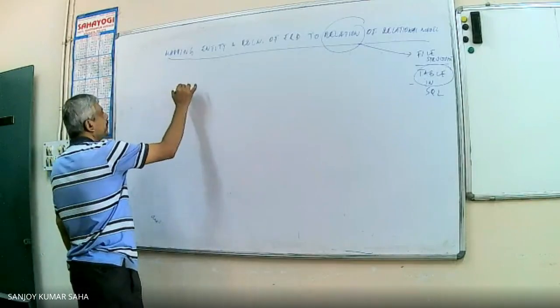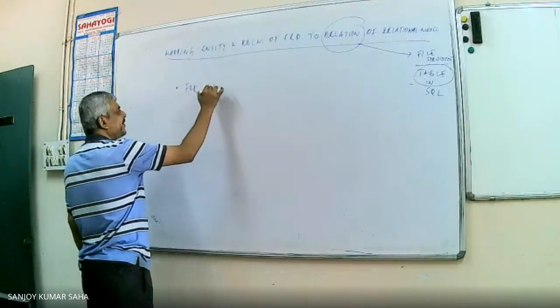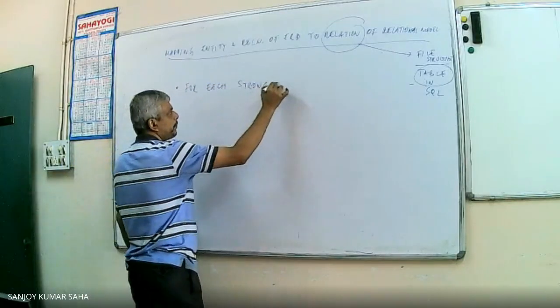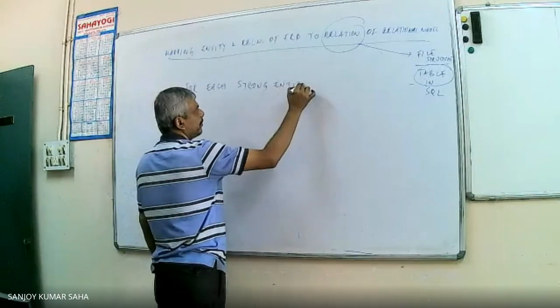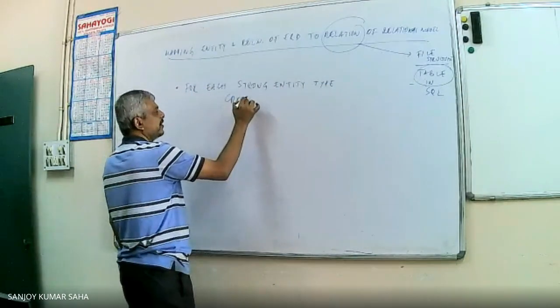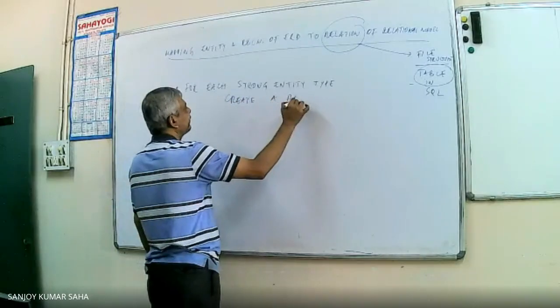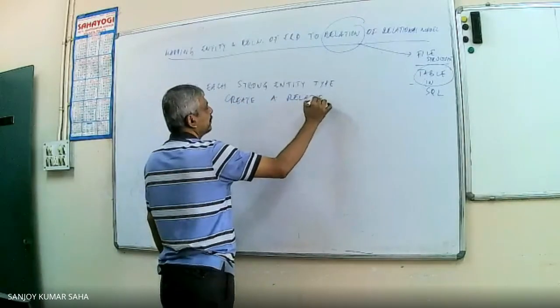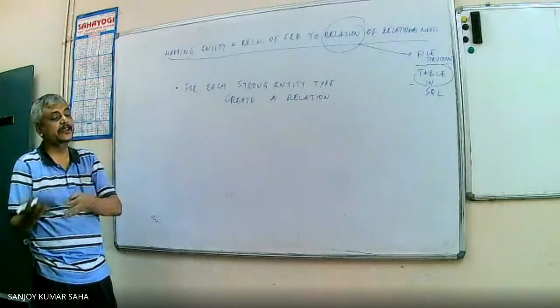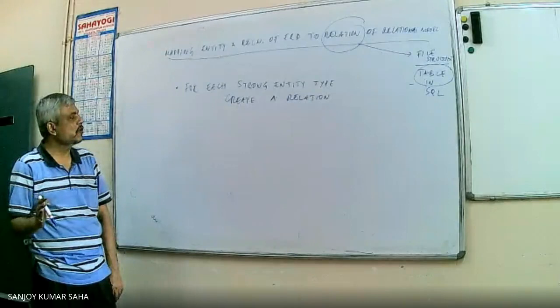First of all, for each strong entity type, create a relation. So we'll be creating a table or creating a file for every strong entity type.